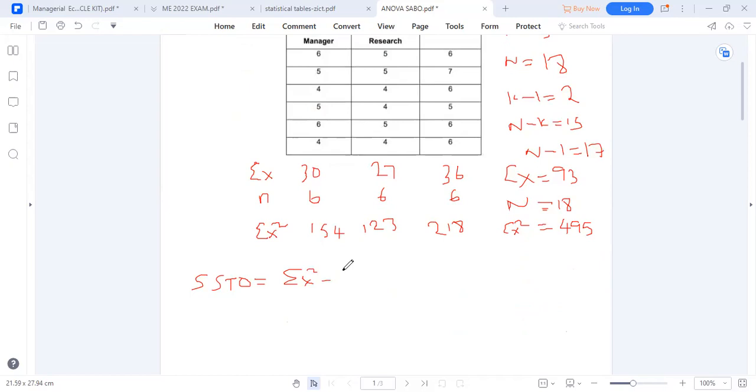I need you to come with your tables and calculators and assume you're in the physical class so that you follow. It makes sense as you do the calculations. Okay, so 495. Let's find the sum of squares total. What do we get here?